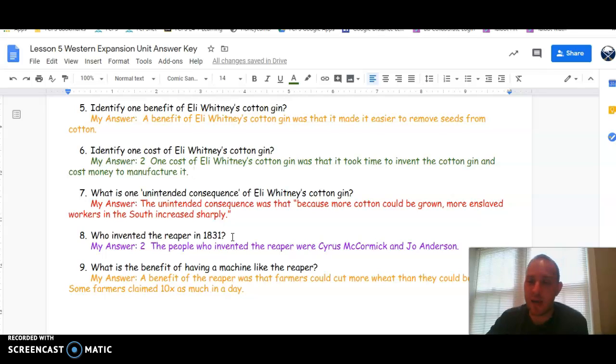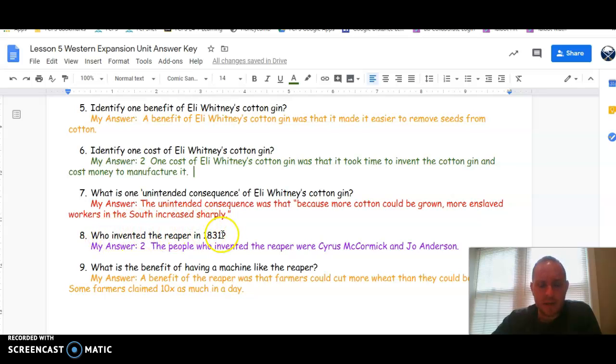And this was very bad because cotton becomes the king crop, the cash crop in the South, and for many, many years, Southern plantation owners are cultivating more land and trying to buy more slaves to work on their cotton plantations.